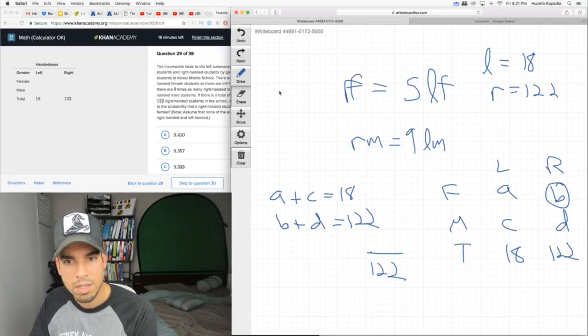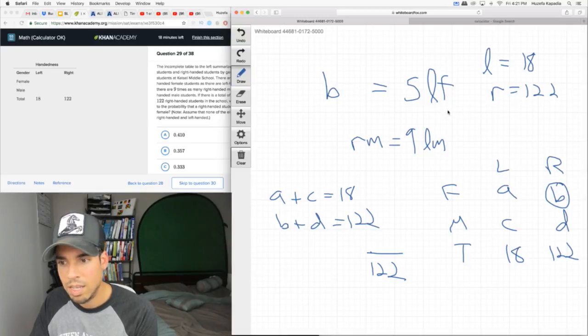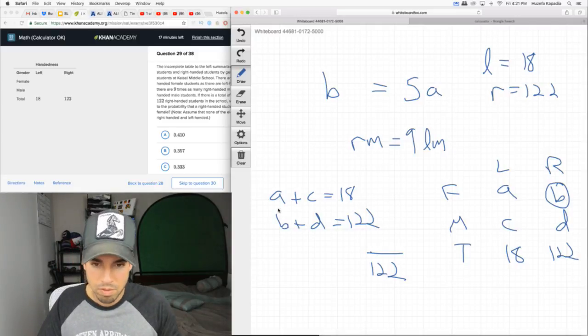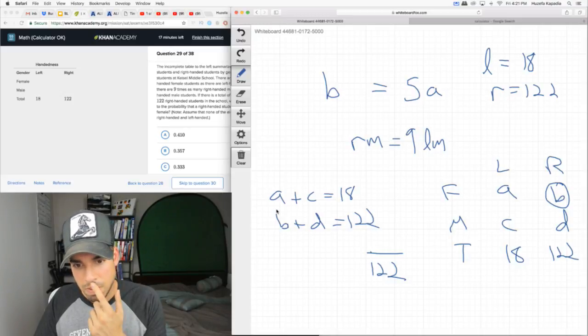Right-handed females is B, and left-handed females is A. Okay. So B equals 5A.